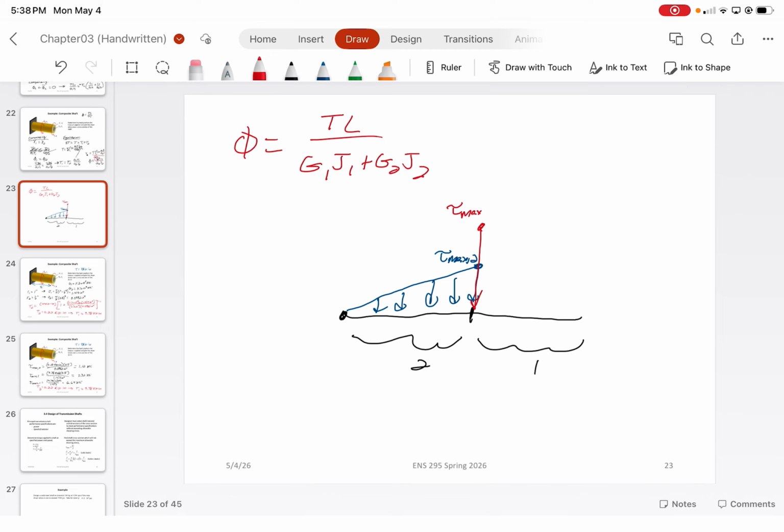And then this would be tau max 1, tau min 1. And increasing till it's about double. Does that make sense? So I just wanted to show you guys how that interface would potentially look.